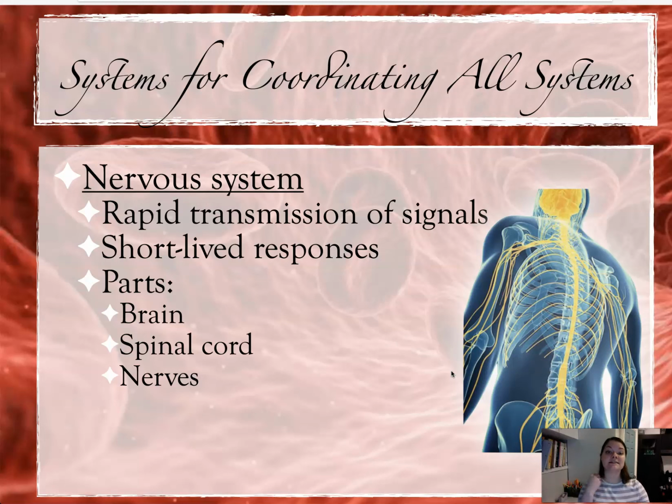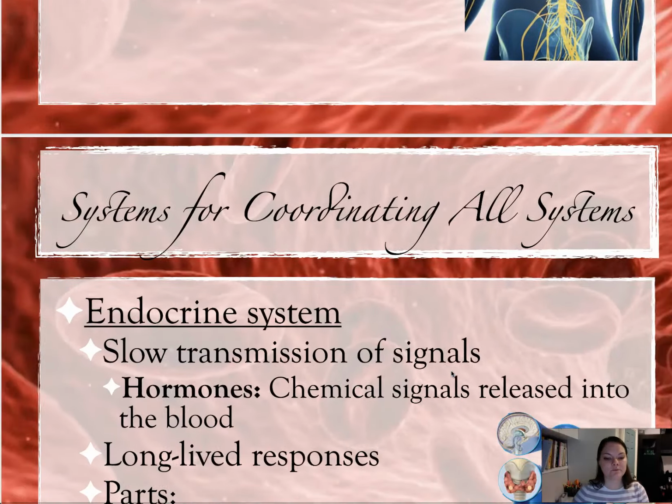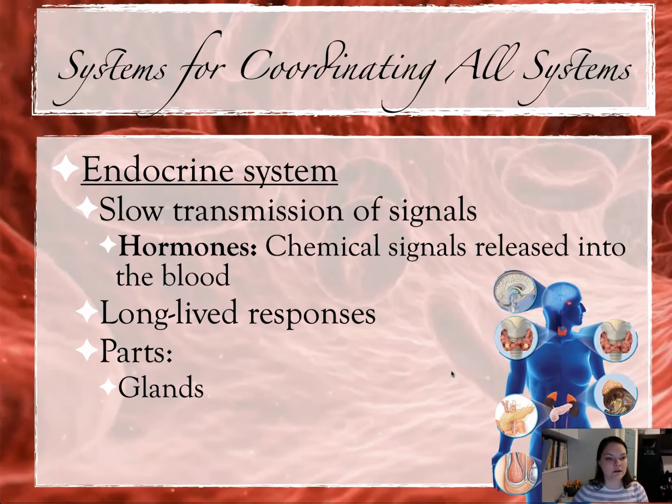The response can be really rapid, but it's not necessarily a long-lived response. Once you jerk your hand away, the signal's done, the action's over, and the end of the story. So the nervous system's very, very quick. The endocrine system is going to be a much slower, long-lasting type of response.